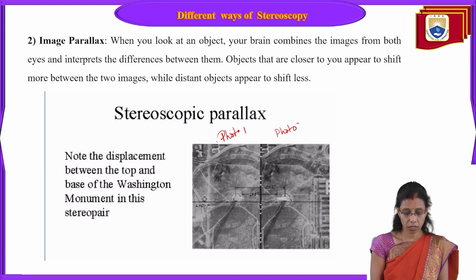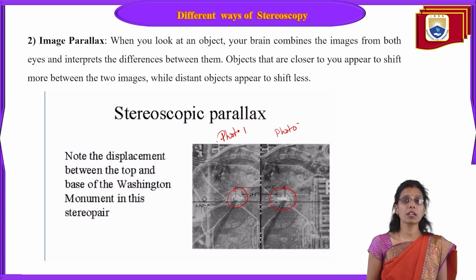Now just observe here, we have photo 1 and photo 2. If you see this displacement here, you may remember in the previous lecture we discussed relief displacement. So here we have a relief displacement again.